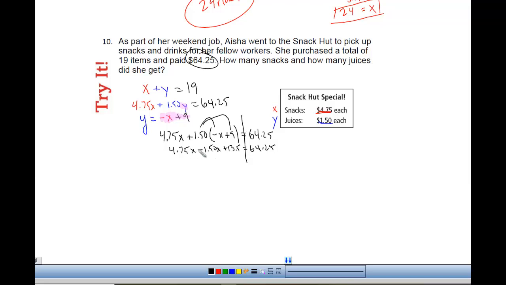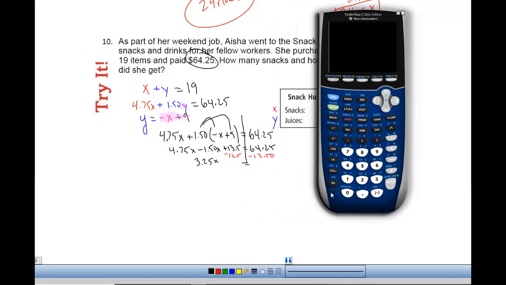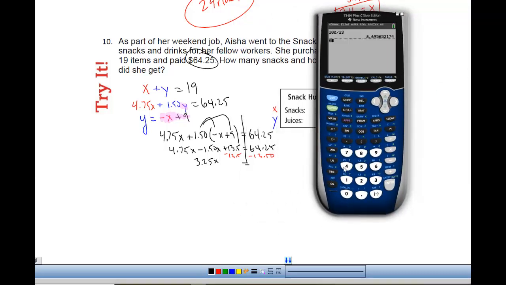Move this up a little bit for you. And we're going to go ahead and bring these together. So 4.75 minus 1.50, that's going to be 3.25. I'm going to go ahead, same move, I'm going to subtract 13.50. So I subtract 13.50. So that 3.25x is equal to, let's see, yeah, we'll just grab the calculator on that one. 64.25 minus 13.50, and I've got 50.75.